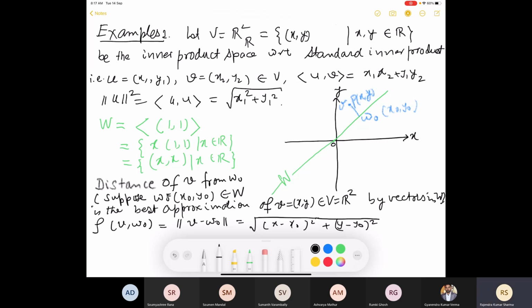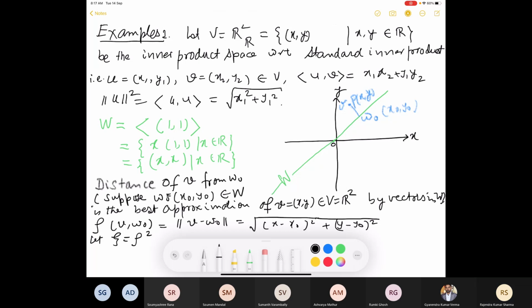So this is the distance, and so what we want to see is that V minus W naught is less or equal to V minus W for every W in W. So let us take the square of this, call it xi, this square. So if this is minimum, then this xi is minimum.